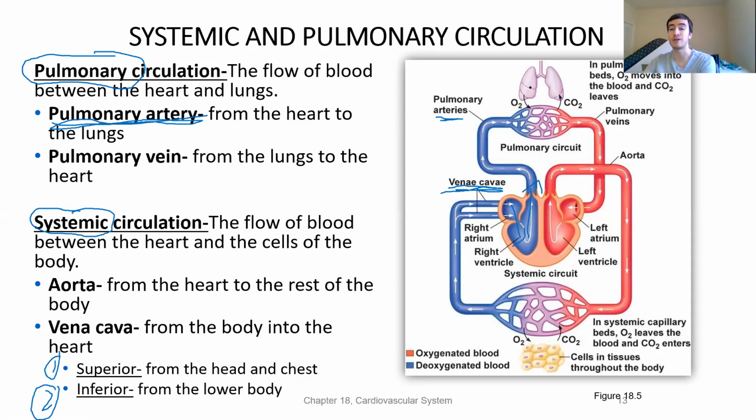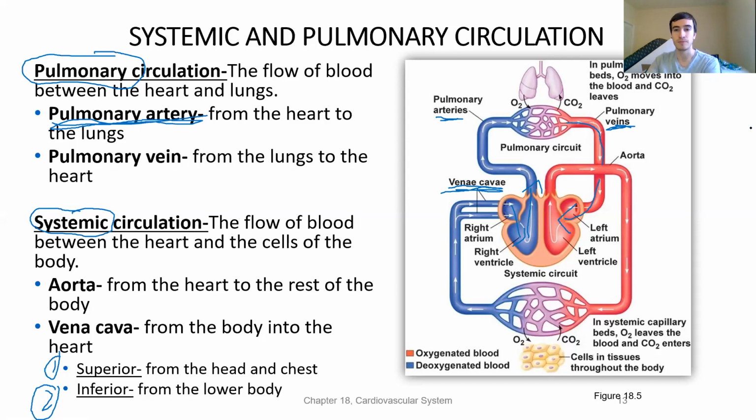Once it makes it into the lungs, then it picks up a whole bunch of oxygen, gets rid of a whole bunch of waste like CO2, and then travels back into the heart through the pulmonary veins. So as we'll talk about in a second, veins always bring blood back to the heart.